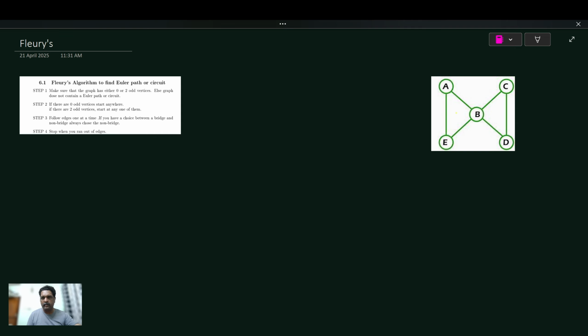So the degrees of all vertices are even, and therefore the graph is an Euler graph. Now, to use the algorithm, we consider the vertices, and we start from any random vertex.